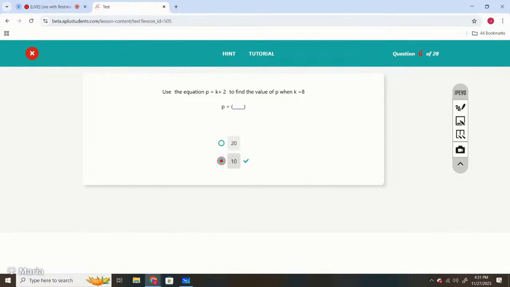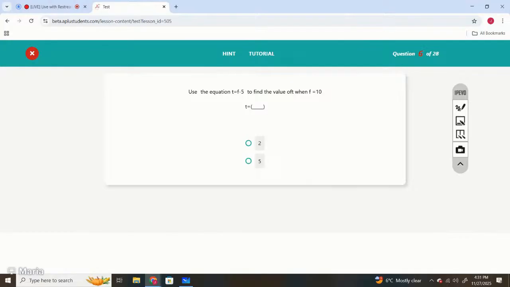Option number 2 is the correct option. Use the equation t equals f minus 5. That is 5. Option number 2 is the correct option.